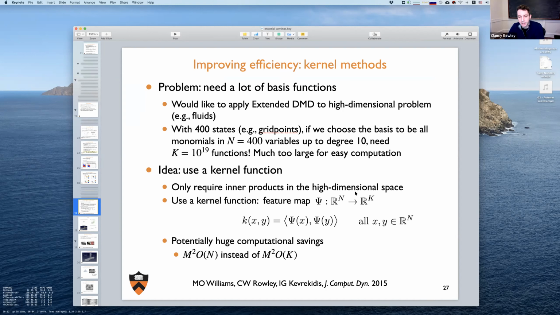Yes. The inner product would be different, even though the feature space would be the same space, because Chebyshev polynomials of the same degree and same number of variables would span the same space as monomials, but with a different inner product that might be better. So I have not looked at that. I think that's a great idea, though.